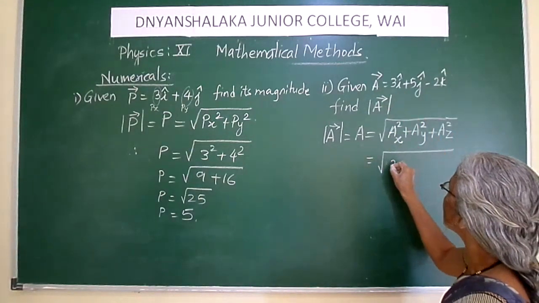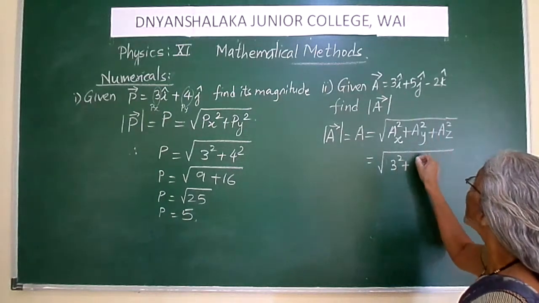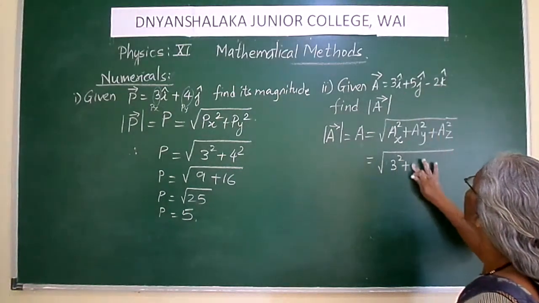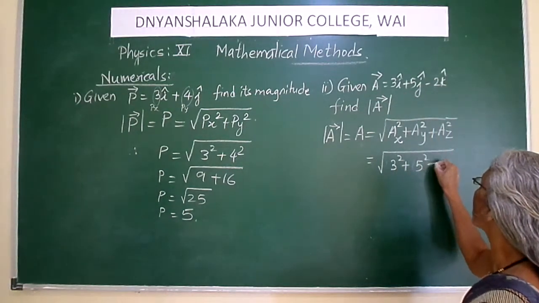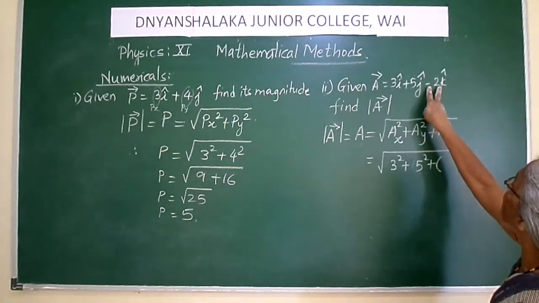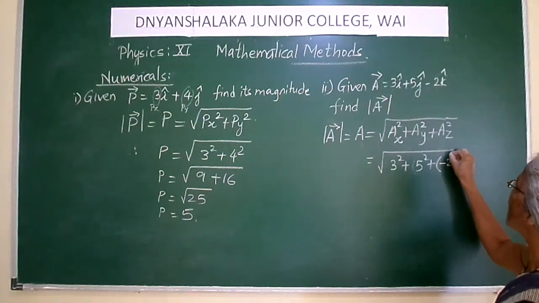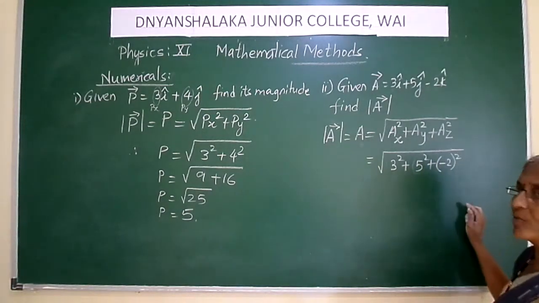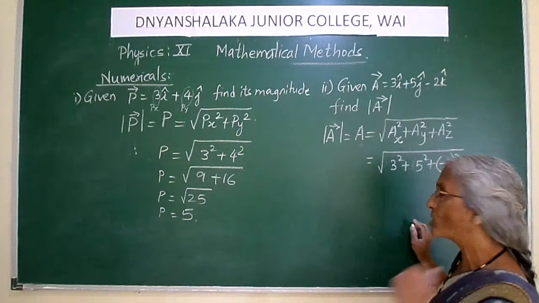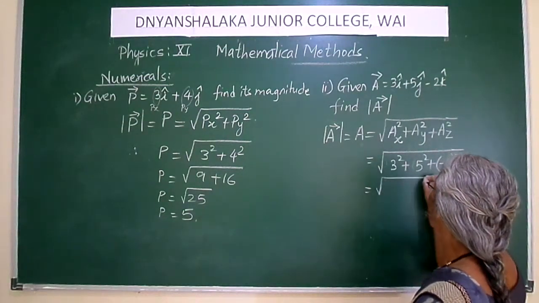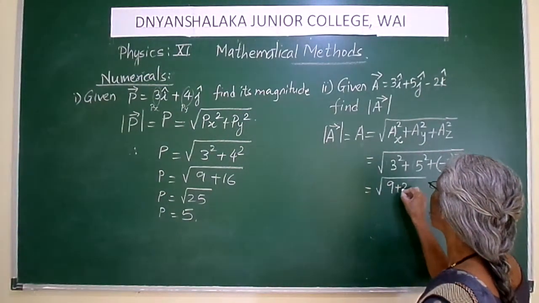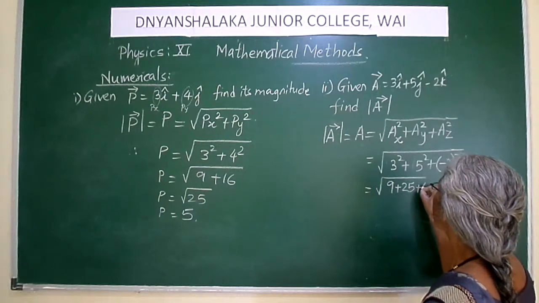Value of Ax is 3 square plus value of Ay is 5 square plus value of Az is minus 2. So in the bracket minus 2 square, but square of the negative term is always positive. So this will give me under root 9 plus 25 plus 4.